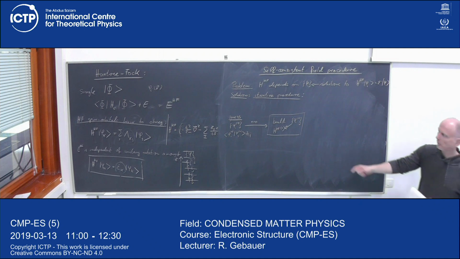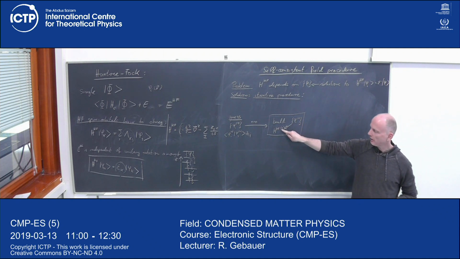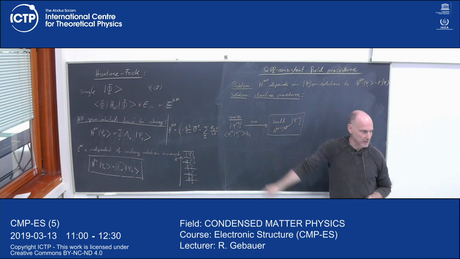Okay, so you build the 0th iteration Hamiltonian using the 0th iteration guess.